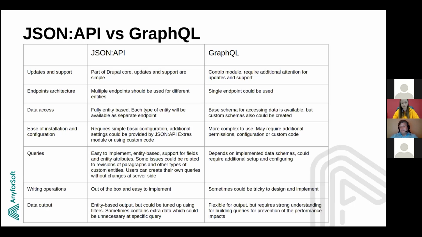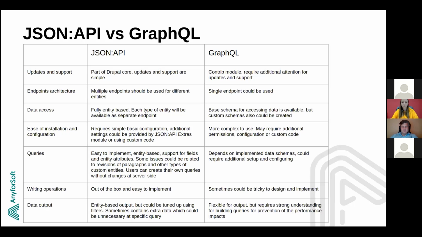At the same time, for GraphQL, sometimes it depends on the implementation of data schemas. It could require additional setup, some configuring and programming, and it's more difficult, and it requires a higher level of experience from the developer in comparison to JSON API.